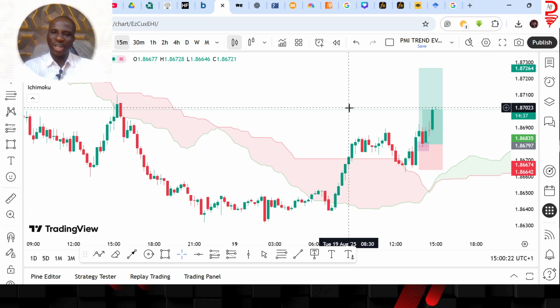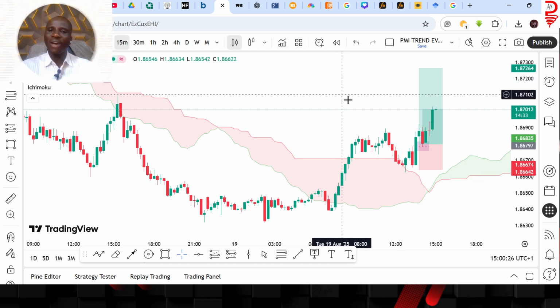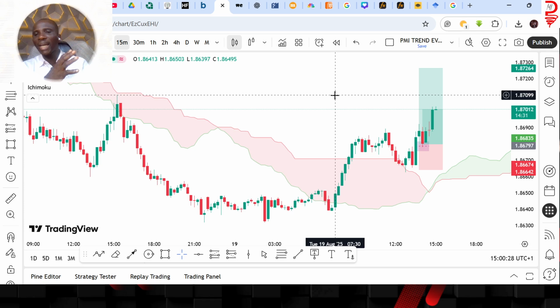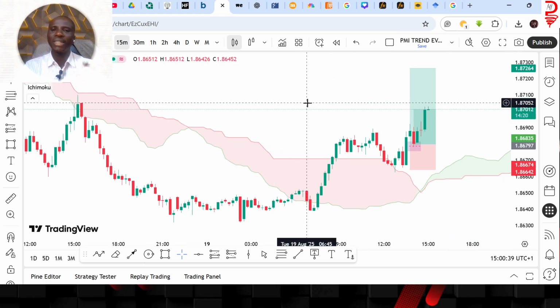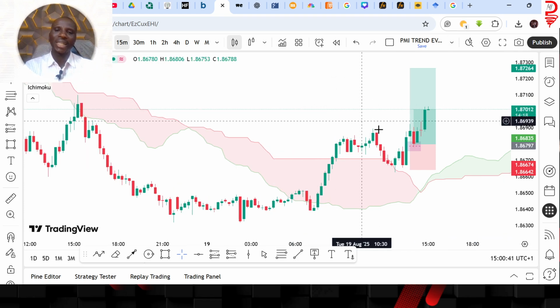But at least you should have around 4 trades per week. So on the average, since you will take ratio 1 to 3, by the time you take the 20 trades in a month, you should close in profit. And this is how we trade at Potential Miners International.